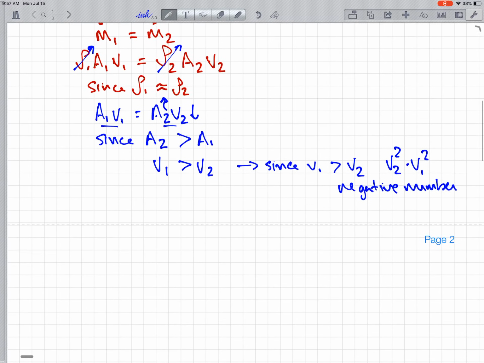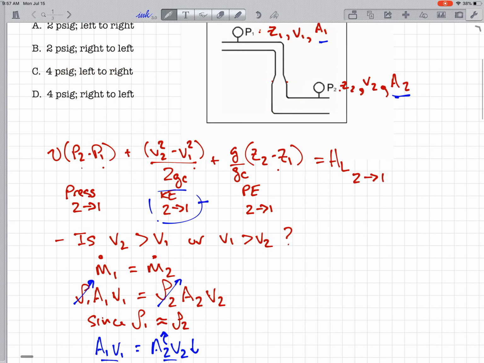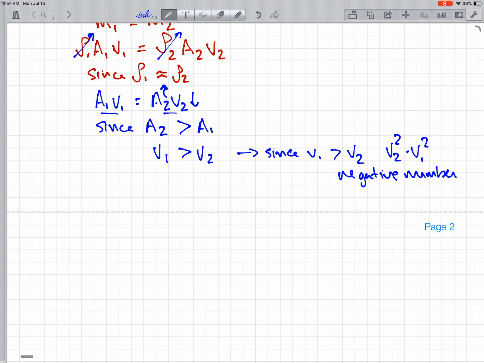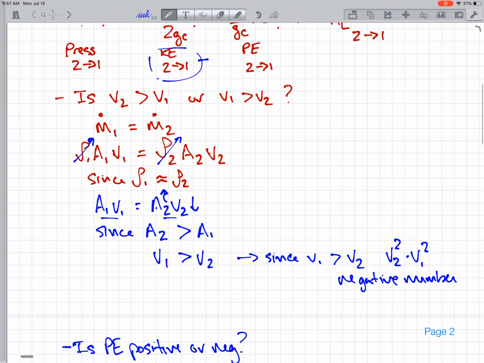Okay, and now the potential energy. Now we've got to figure out part 2: is the potential energy positive or negative? That's the second question we've got to answer.